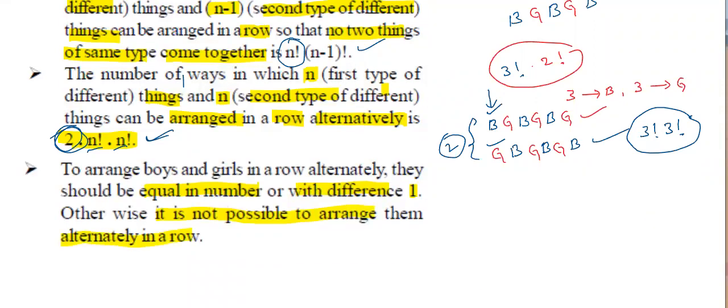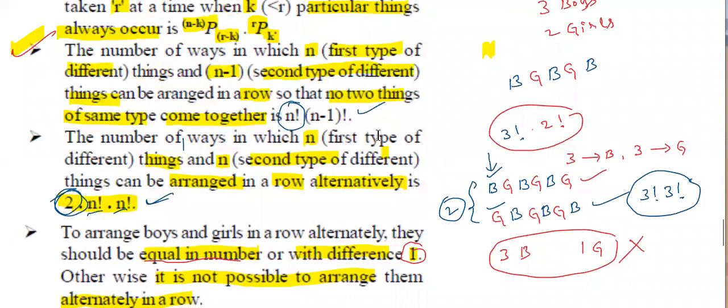So, 3 boys, 3 girls is possible, 3 boys, 2 girls is possible. But 3 boys, 1 girl, arranging them in a row alternately is impossible. The difference should be only 1 or equal in number. Then only it is possible. Otherwise, it cannot be possible. Students, have all of you understood now?